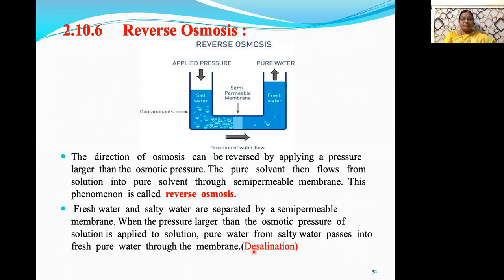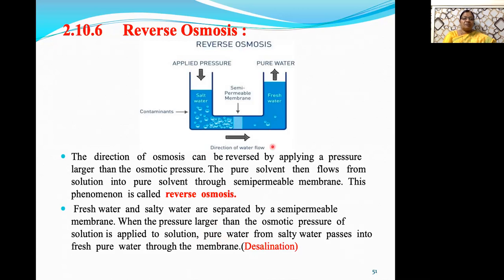Now de means removal. So removal of salts from the seawater is the process of desalination. For that, reverse osmosis can be used. When fresh water and salty water are separated by the semi-permeable membrane, and a pressure greater than the osmotic pressure of the solution is applied on the solution side, the pure water from the salty water passes through the semi-permeable membrane into the fresh pure water.